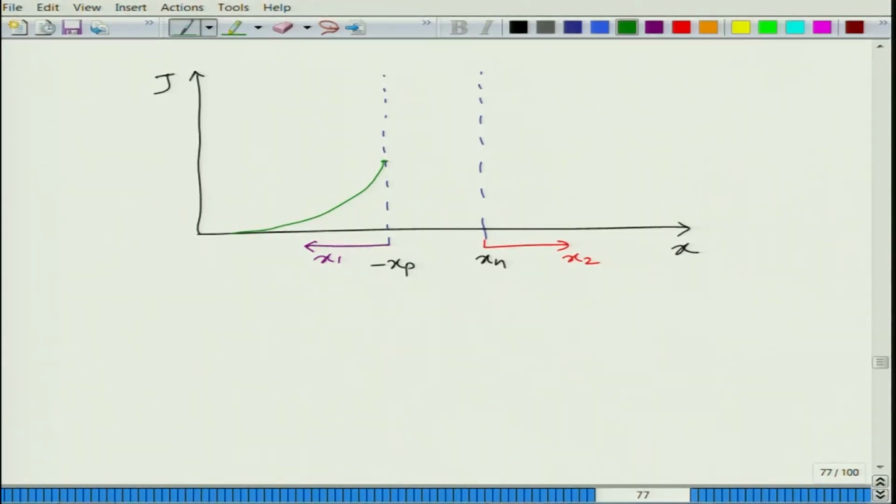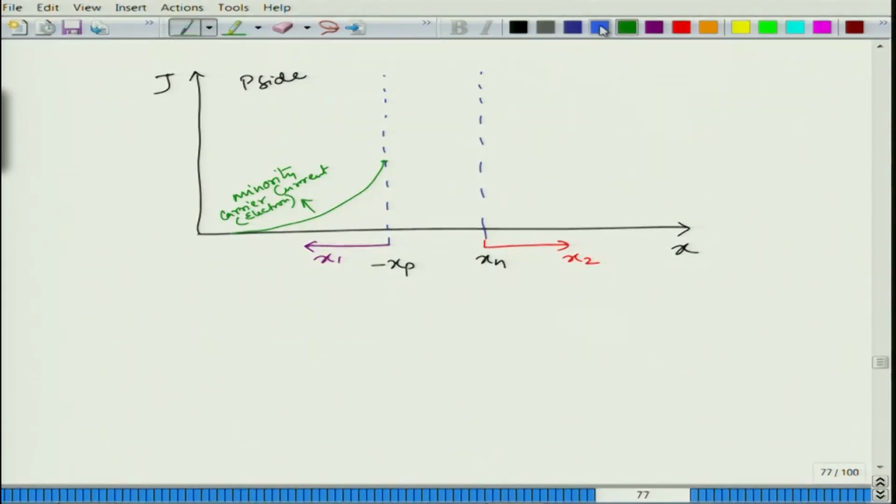So, current is going to 0 deep into the p side. This is the p side, and this is nothing but the minority carrier current, and in this case the minority carrier is the electron. So, this is the electron current.